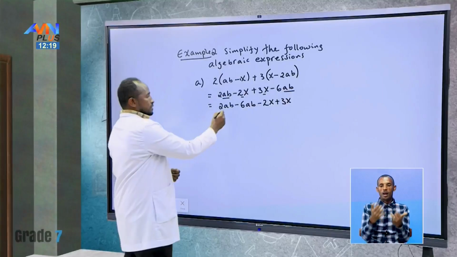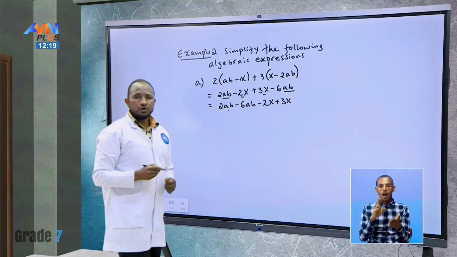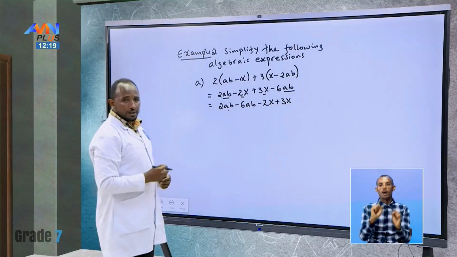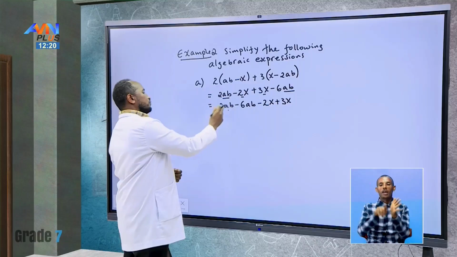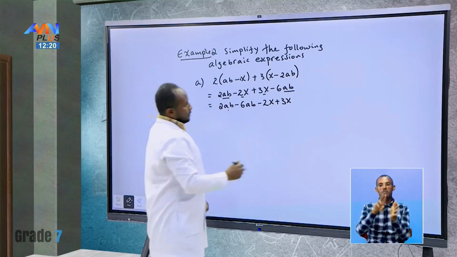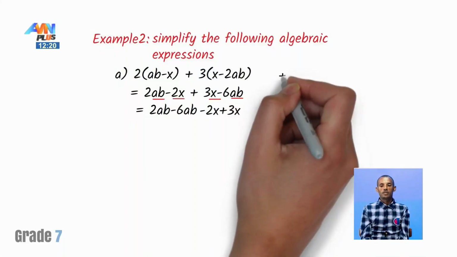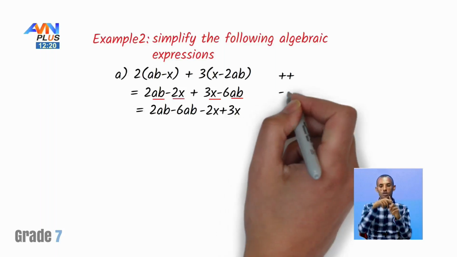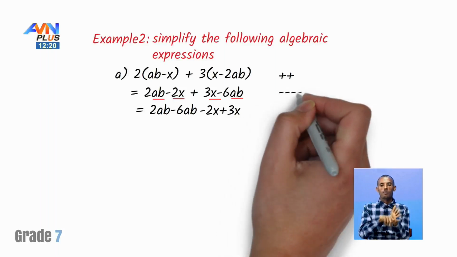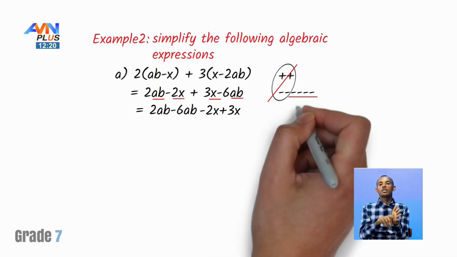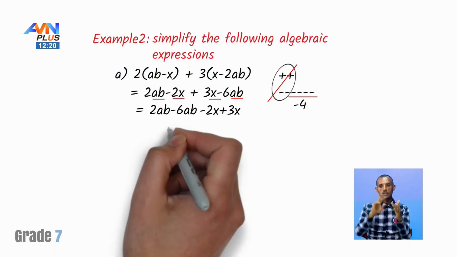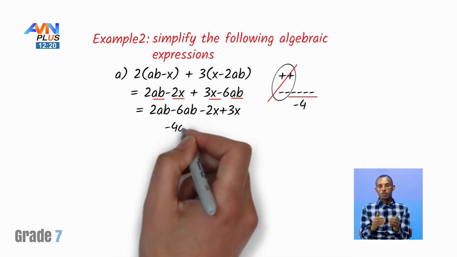Now you can add the numerical coefficients, 2 and negative 6. What's the sum of 2 and negative 6? Here, you have 2 positive and 6 negative. 1, 2, 3, 4, 5, 6. These opposites cancel out, so you have 4 negatives, negative 4. Therefore, 2AB minus 6AB is minus 4AB.